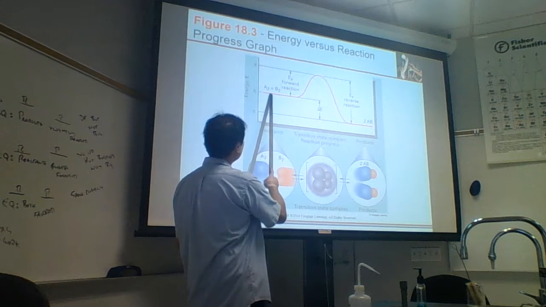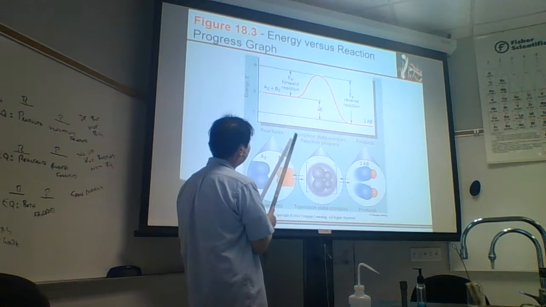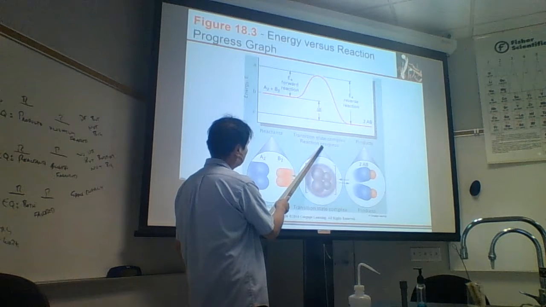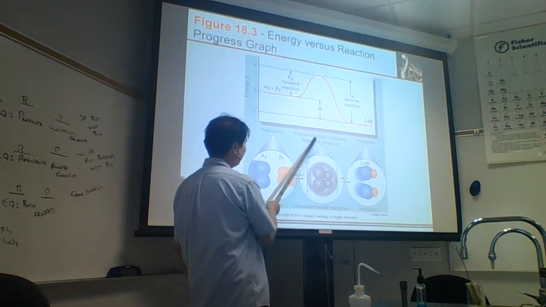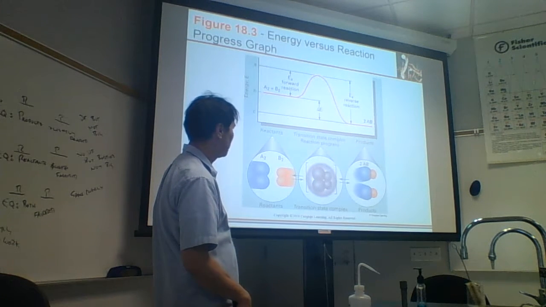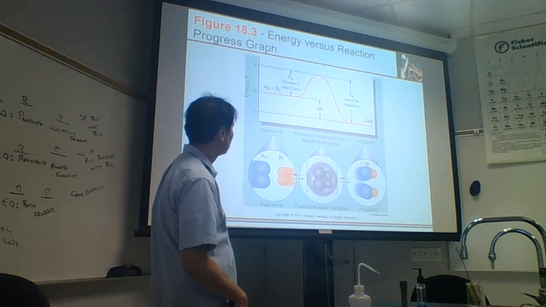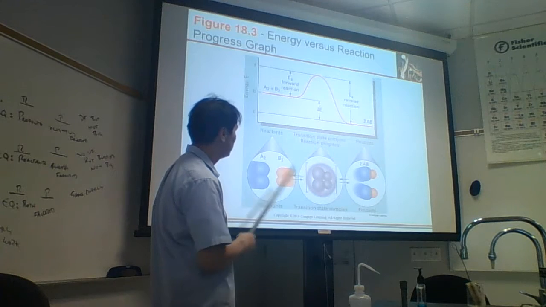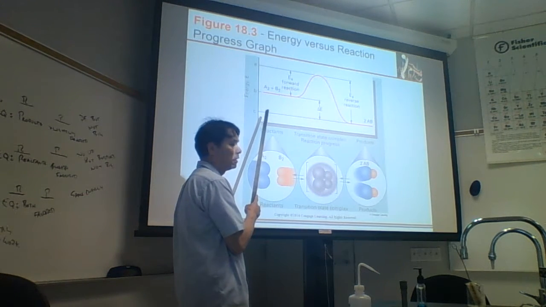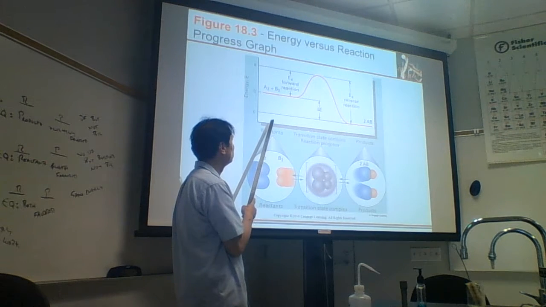Let's first look at this plot. This plot is called a reaction progress plot. Transition state complex reaction progress. That's a long title for this plot. And so a lot of people call this the reaction profile. This kind of maps out how the reaction occurs.